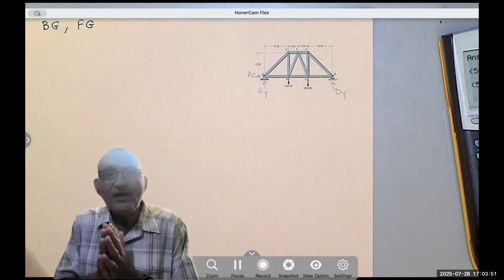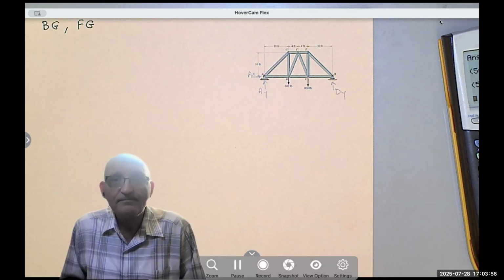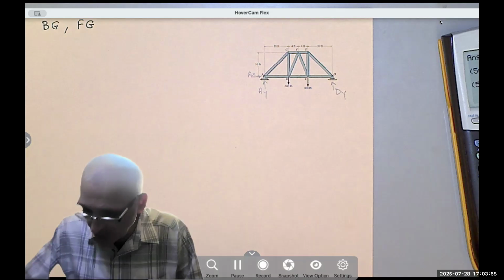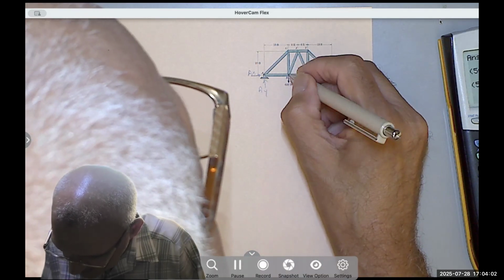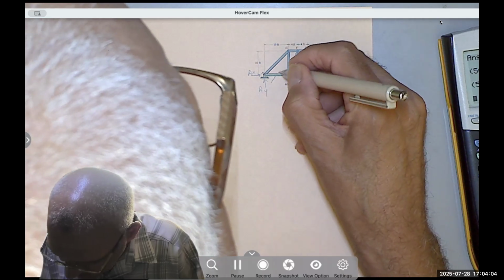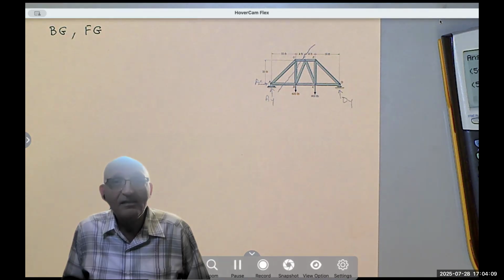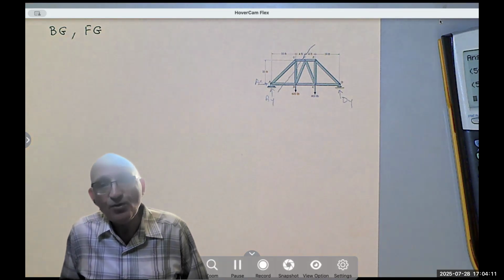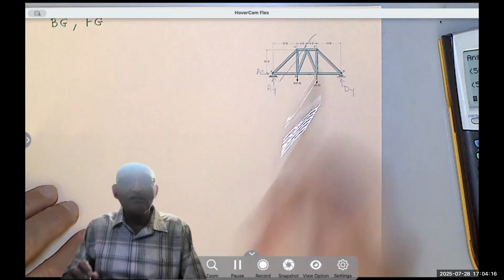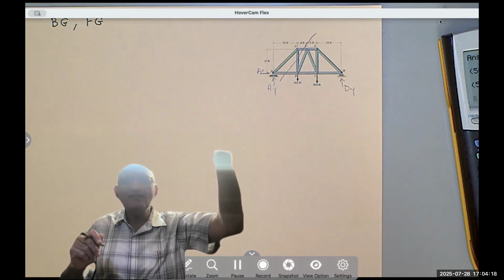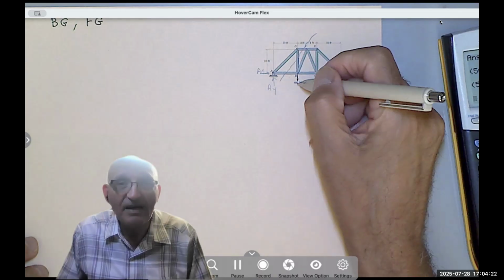Now, my question to you: how are we going to cut this truss? If I want this member and that member, then definitely I'm going to cut it like that, right? Notice, when I cut through that, I have two horizontal members, so I know that I will be taking the sum of the forces in the Y to find the force in the vertical member.